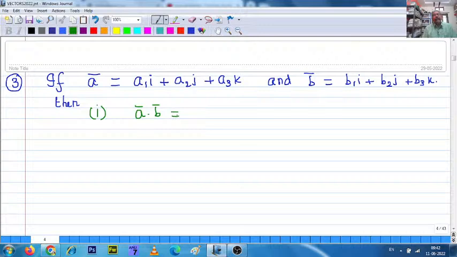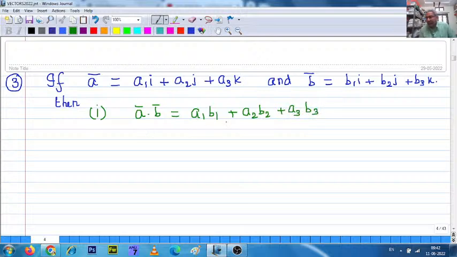Very simple. As we have i dot i, j dot j, k dot k equal to 1, a1 i dot b1 i gives a1 into b1, plus next a2 into b2, plus a3 into b3. Clear?